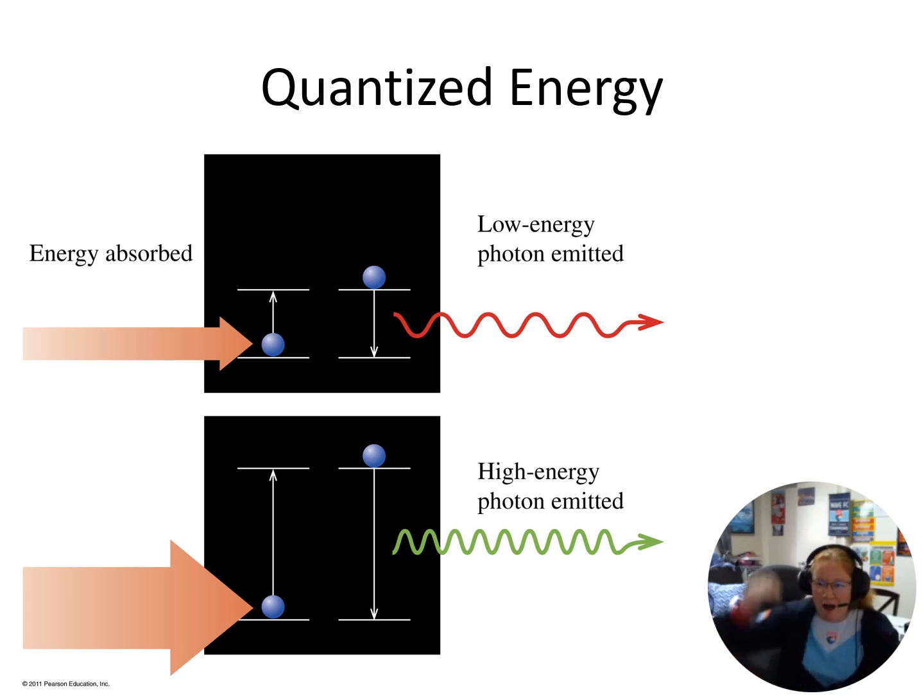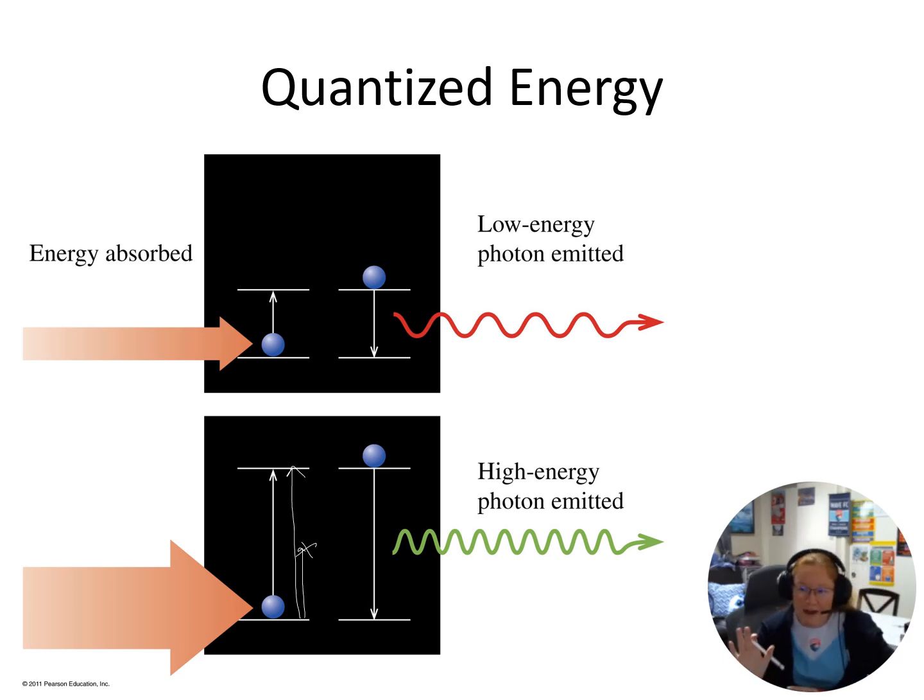But if we go up higher and drop back down lower, there's more energy involved with a longer transition, and so a high energy photon will be emitted. And again, it's discrete. You can't go halfway in between. It's only all or nothing. My little electron can't go here. It can only go all the way.